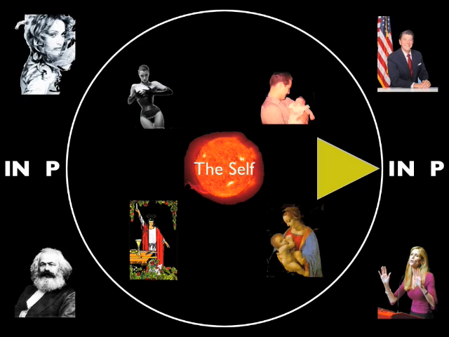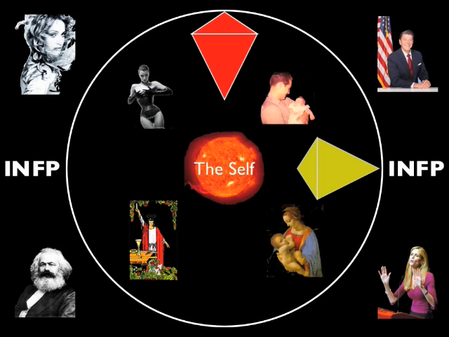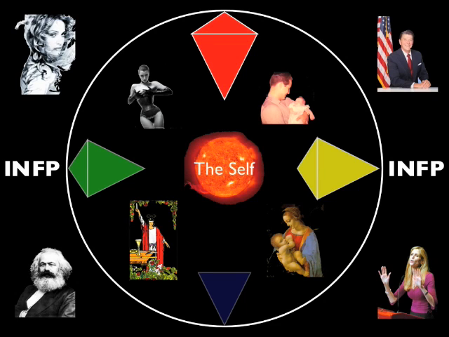So the primary function is introverted, and it's going to be either thinking or feeling. Feeling. Again, just because feeling is primarily introverted doesn't mean it's never extroverted. And just because intuition is primarily extroverted doesn't mean it's never introverted. And just because this person is primarily an intuitive and a feeler doesn't mean this person never senses, doesn't mean this person never thinks.